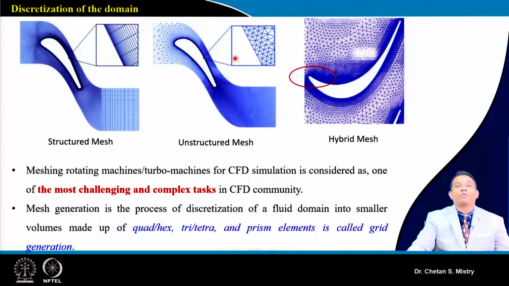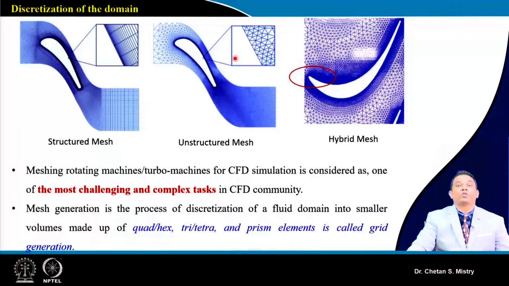Now meshing of a rotating element in order to do CFD analysis is the most challenging and complex task. When we want to analyze a compressor stage, it comprises a rotor and stator. In order to do meshing, one can do it within hours, one can take maybe a day, or a very specific person who is planning to analyze the flow domain may take maybe a week.